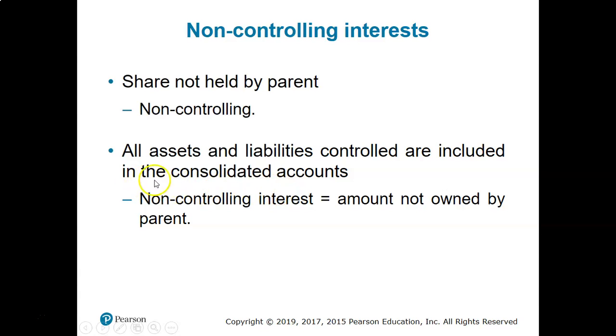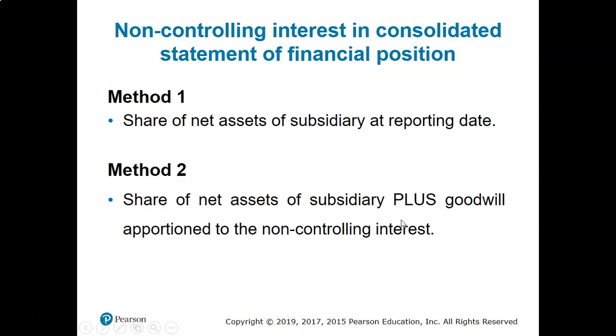As we recognize, all the assets and liabilities controlled are included in the consolidated statements, the consolidated accounts. So non-controlling interest equals the amount not owned by the parent company. How can we calculate it? We can calculate it based on the shares, the share of the net assets of the subsidiary at the reporting date.